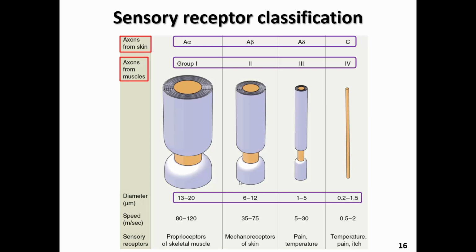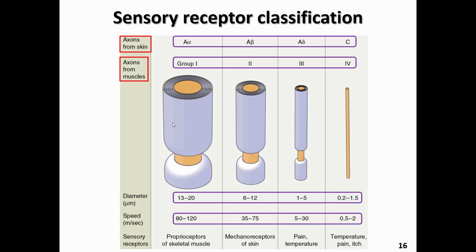And the general classification of these neurons has a range of diameters from as much as 20 microns in diameter to as small as 0.2 microns in diameter.